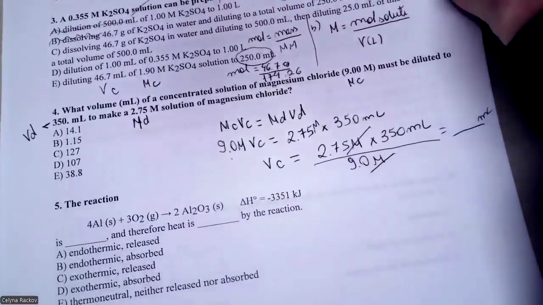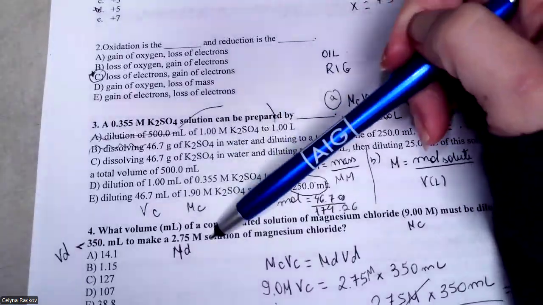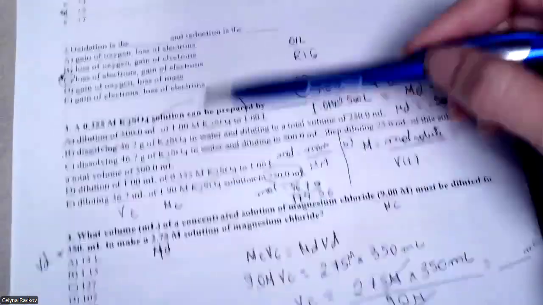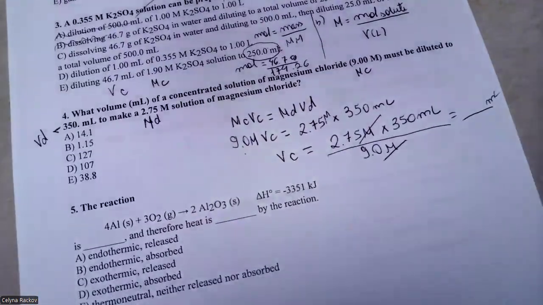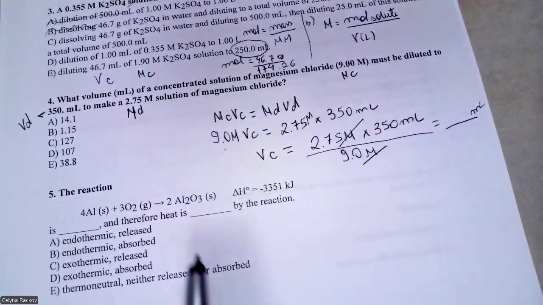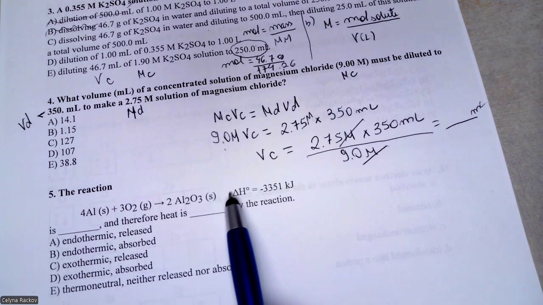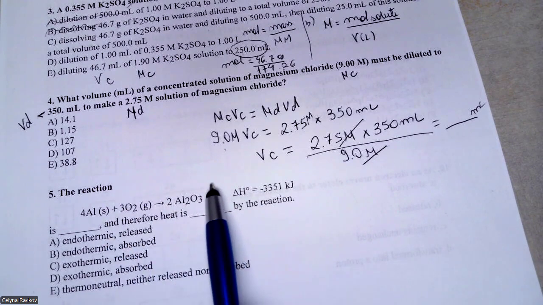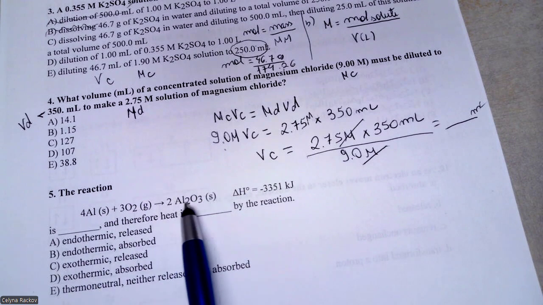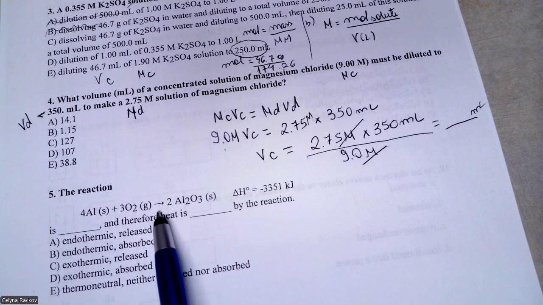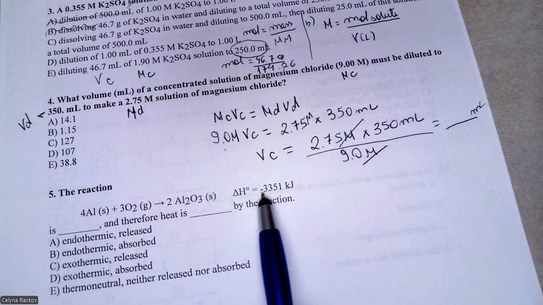Okay. So now about thermochemistry. The questions from 1 to 4 were all about chapter 4, right? Now let's talk a little bit about chapter 5, the thermochemistry. This reaction says the enthalpy for the formation of aluminum oxide from aluminum and oxygen is a negative value.